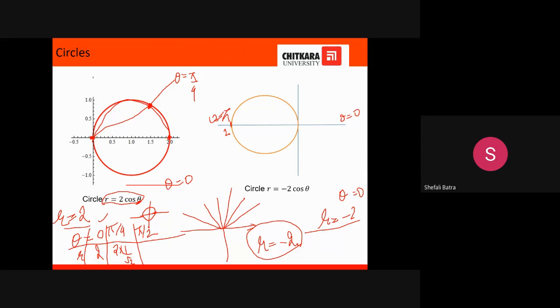So just keep this in mind: r is equal to 2 cos theta is a circle on the positive side of the x-axis. If you have minus 2 cos theta, it is a circle on the negative side of the x-axis. You will remember it like that.